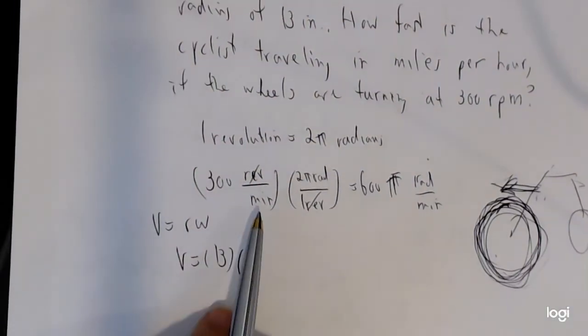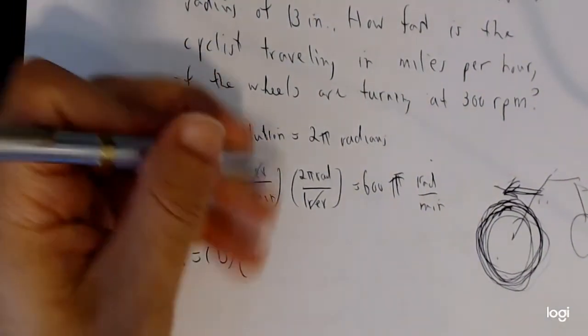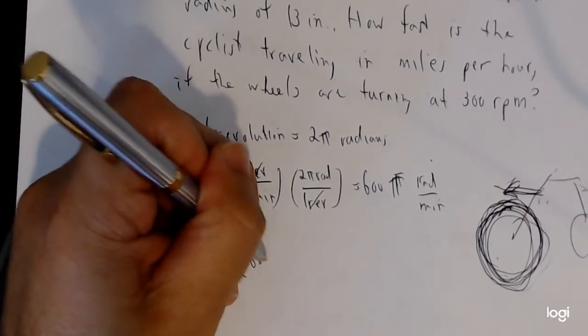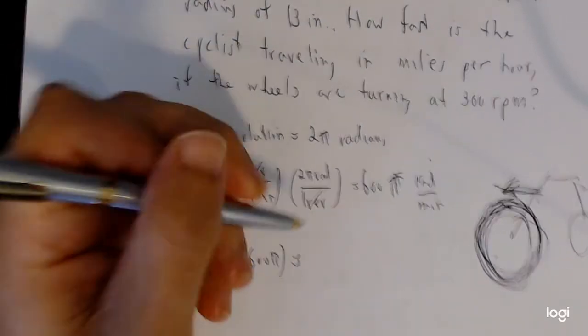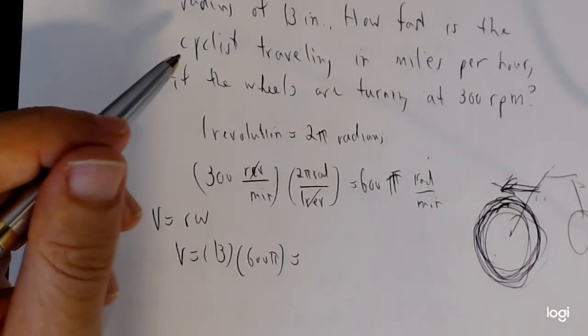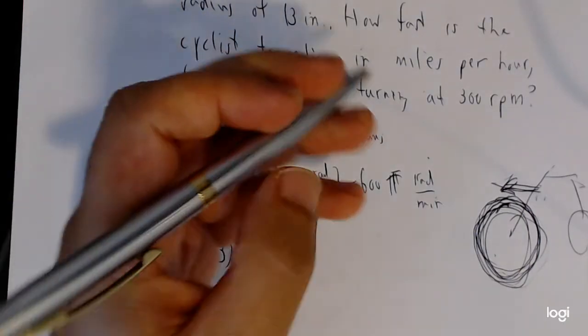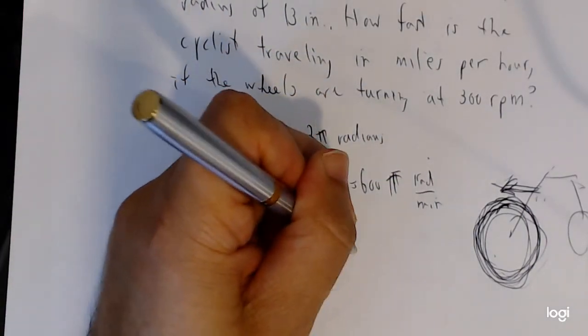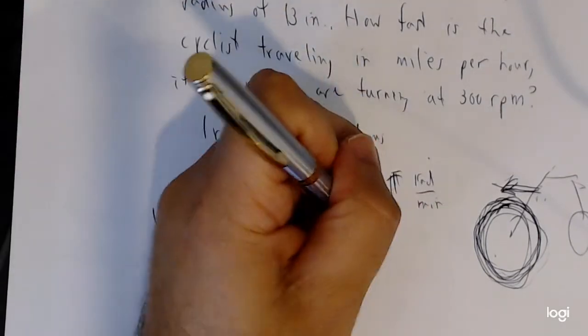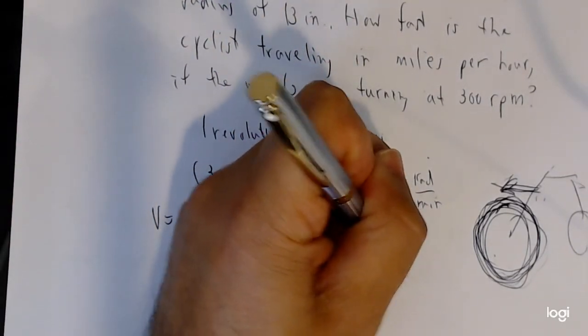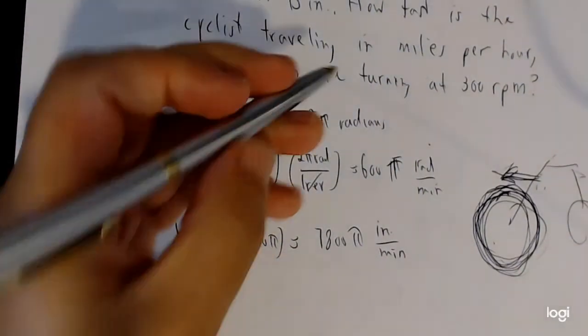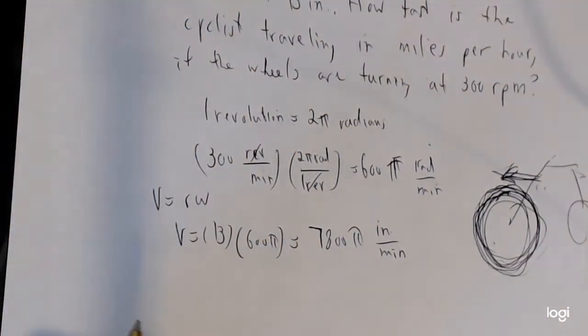And its angular speed is 600 pi, and 13 times 600 becomes 7,800 pi, and this is in what? Inches per minute.